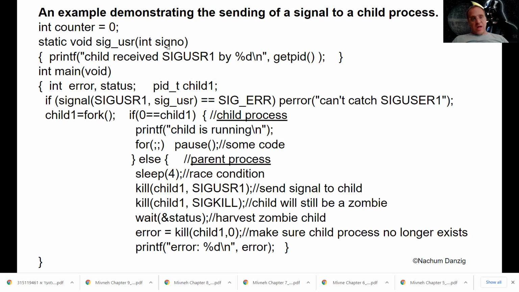So I'm sort of saying I received the SIGUSR1 and I am whatever getpid gives me. That is my SIGUSR function. That's going to override the normal SIGUSR function.